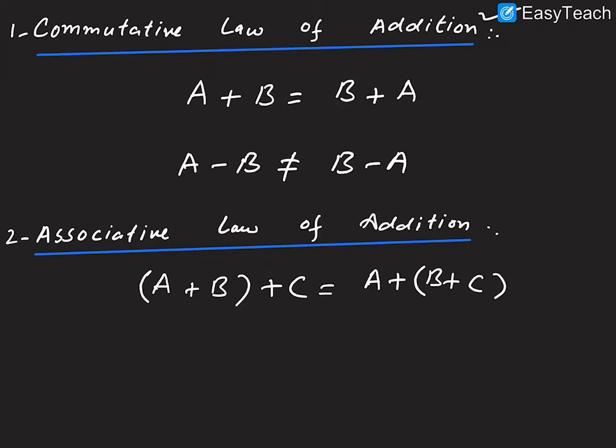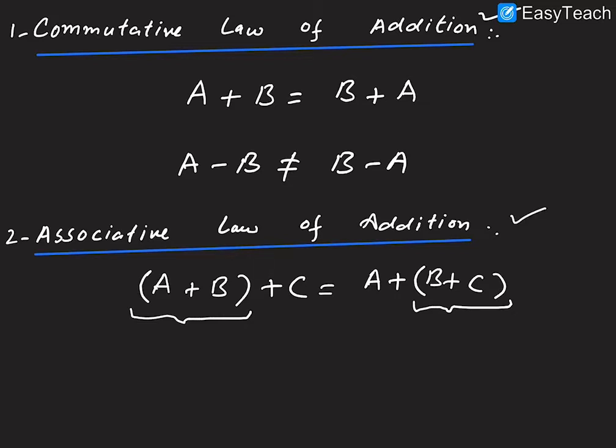What does this mean? First if you add A plus B and then C, it will be equal to adding B plus C and then A. You will get the same answer. So it doesn't matter if you add A plus B first or B plus C first. Associative law holds for the addition of matrices.